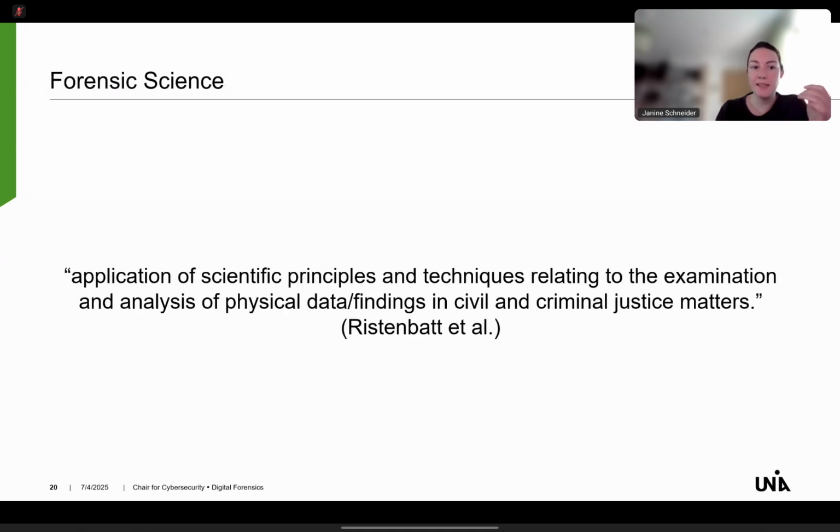So forensic science is the application of scientific principles and techniques relating to the examination and analysis of physical findings in civil and criminal justice matters. This is a definition by Ristenblatt et al. for forensic sciences.